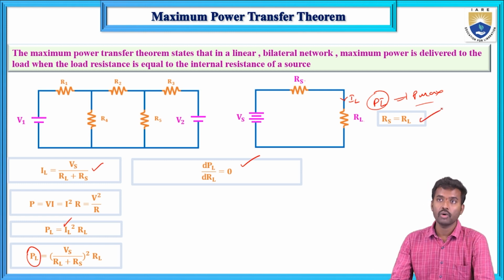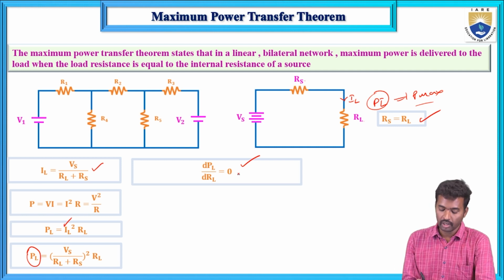So differentiate the power delivered to the load with respect to RL, and set that equal to 0: dPL by dRL equals 0. Now substitute this PL.